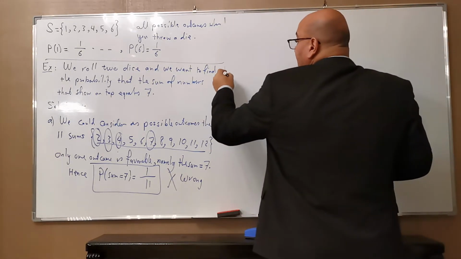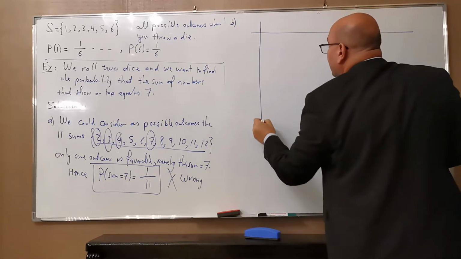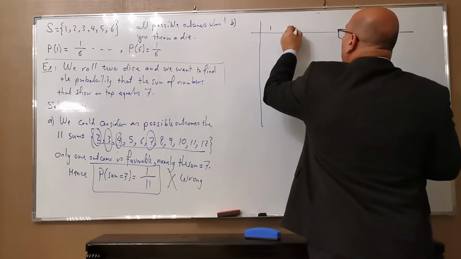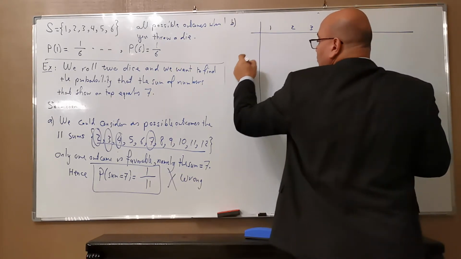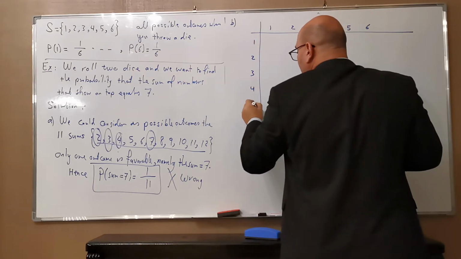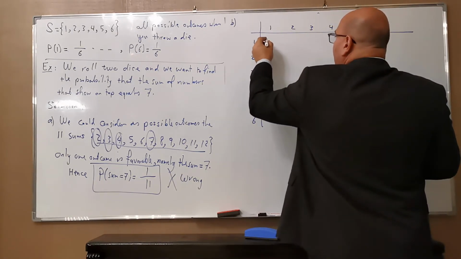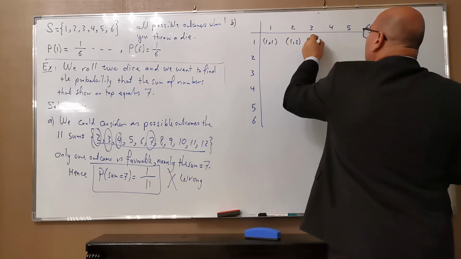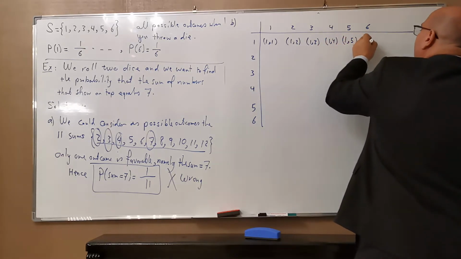So for the true answer, I'm going to make a table showing that if the first face has 1, 2, 3, 4, 5, and 6, and the second face of the die 1, 2, 3, 4, 5, and 6. So we have here 1 and 1, 1 and 2, 1 and 3, 1 and 4, 1 and 5, and 1 and 6.